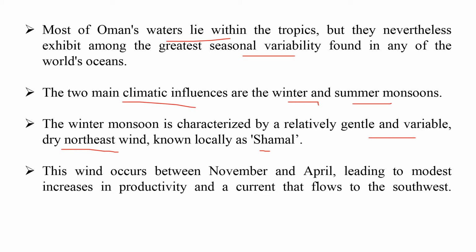This wind occurs between November and April, the winter monsoon, leading to a modest increase in productivity. As I already talked about, during the monsoon season the productivity of this region increases as nutrient rich waters come up, and the current flows to the southwestern part.